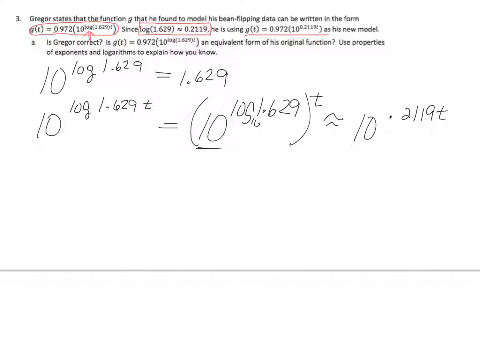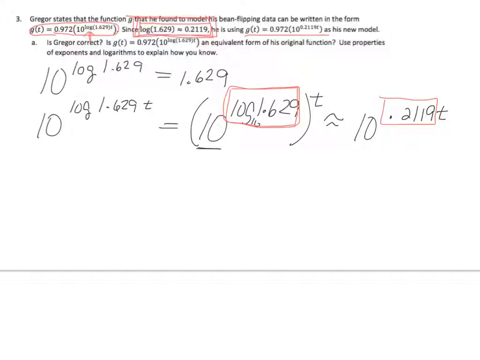Okay, here, let's show you what I did. We said this part right here, log 1.629 is equal to 0.2119. So log of 1.629 is equal to 0.2119. Just did a little substitution there, right? Nothing that we haven't done before. All right, let me get my highlighter out. Okay, 10 raised to the log of 1.629 equals 1.629.